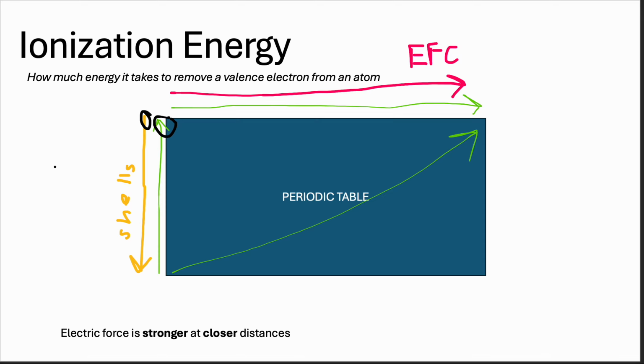And that makes sense because, again, if I think about my positive nucleus, and let's say I have one shell versus my positive nucleus and I have two shells, which electrons are closer? Well, the electrons on the first shell are closer than those on the second shell. And so the amount of pull is greater. And again, it's going to be harder for me to remove that valence electron. So I always want to be thinking about, okay, what situations would make my electron harder to remove? And if my electrons are closer to my nucleus, then they are definitely going to be harder to remove.